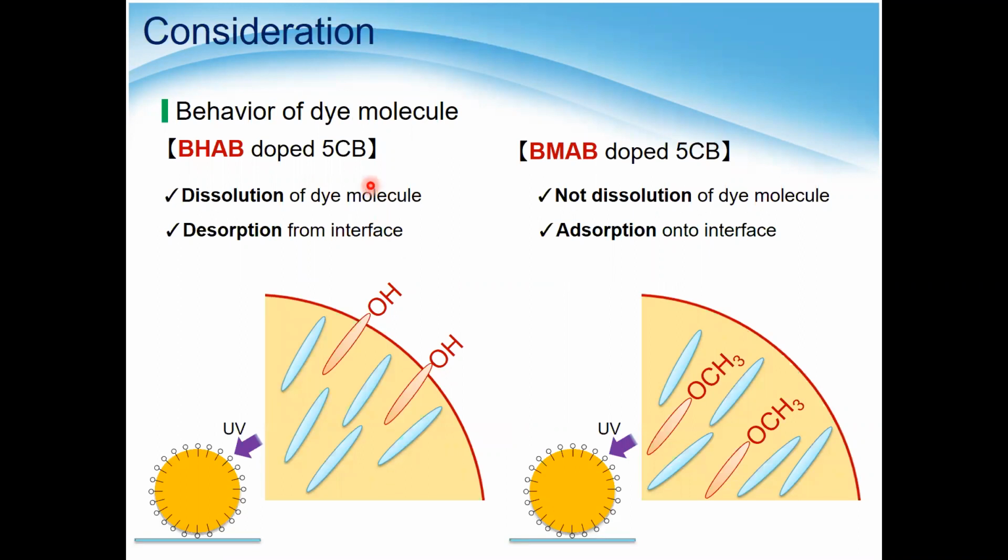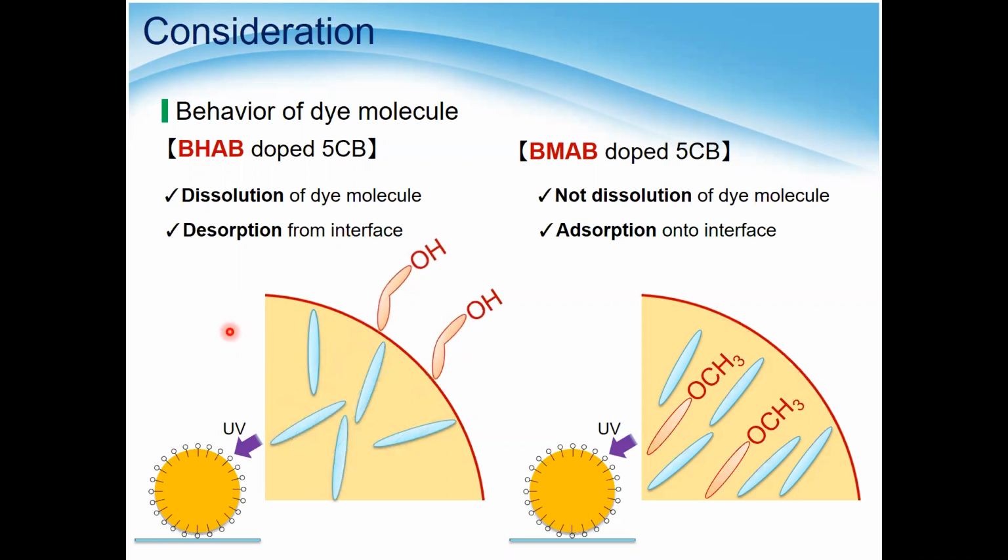So what we could understand is that in the case of BHAB-doped 5CB, as you can see, BHAB has an OH functional group, and you could easily imagine that this molecule could adsorb at the surface because OH is hydrophilic. And then when the light was illuminated, after the molecular structural change, it dissolved outside.